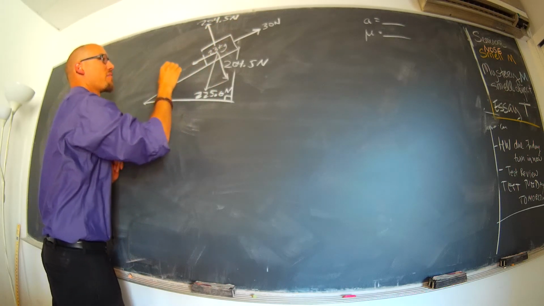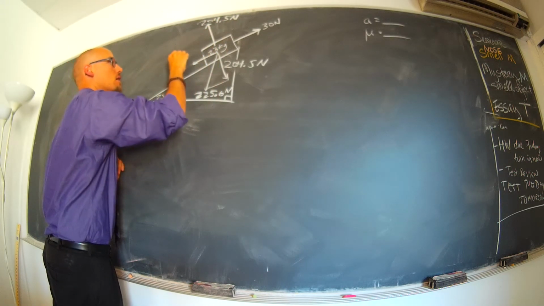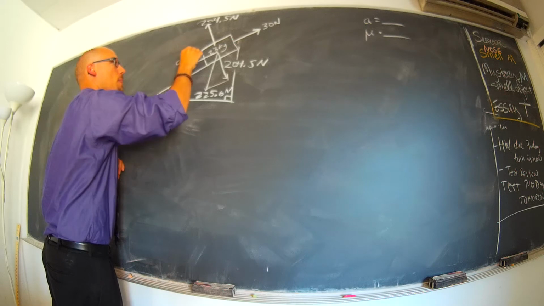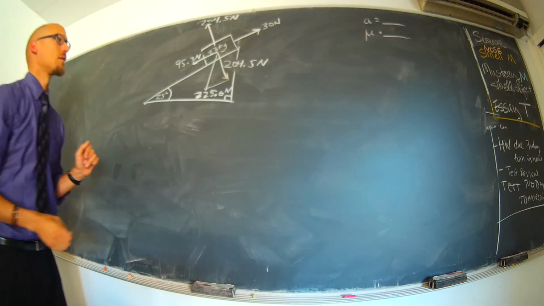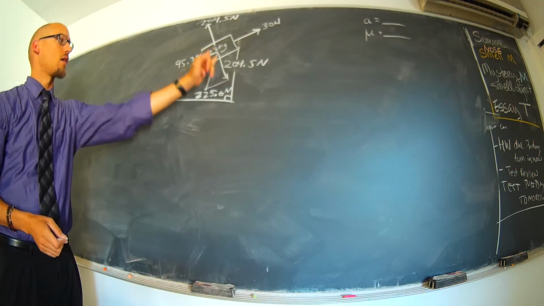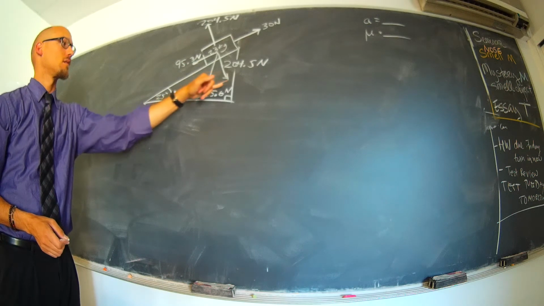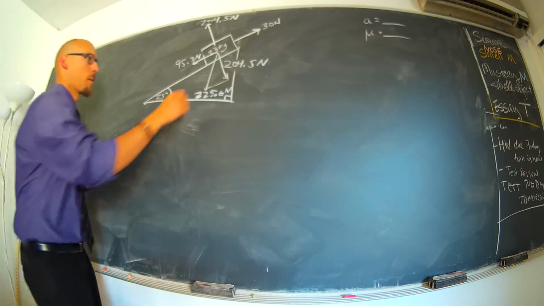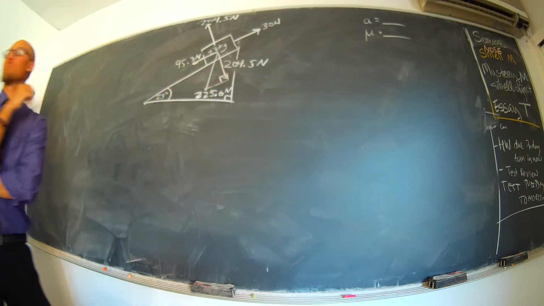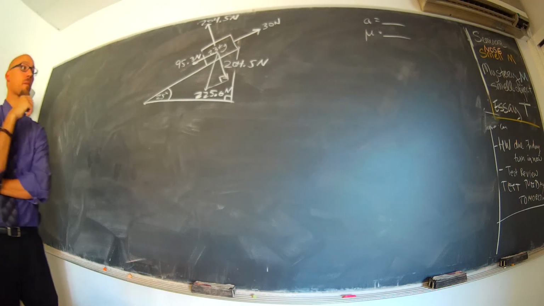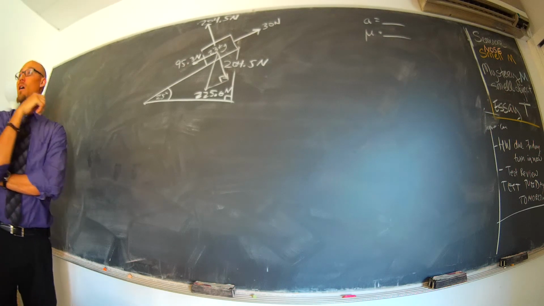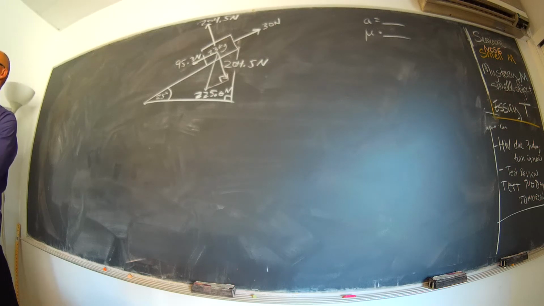And then was it 95.3? Yeah. Wait, you wouldn't use 25 for that. Yeah, you would, because this angle, we're finding this side of that. We have different answers. Are other people doing this besides Ella?